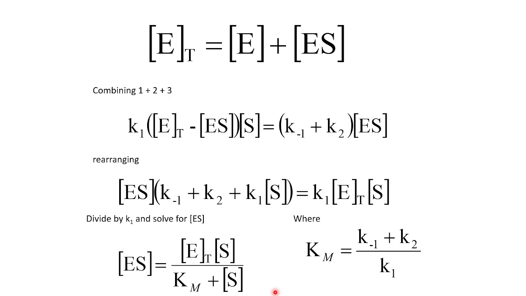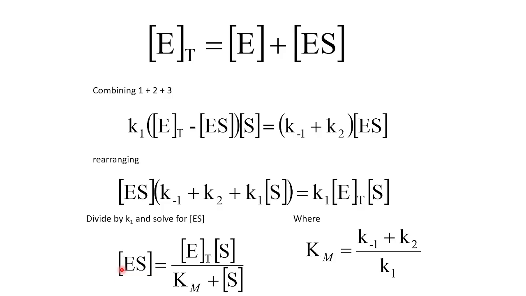Now you will have a lot of equations where you need to calculate the Michaelis-Menten relationship. The total enzyme concentration is equal to the free enzyme concentration plus the complex concentration. On combining a few of these equations, you come to a very important equation, where the concentration of the complex is equal to the total enzyme concentration multiplied by the substrate concentration, divided by Km plus the substrate concentration.